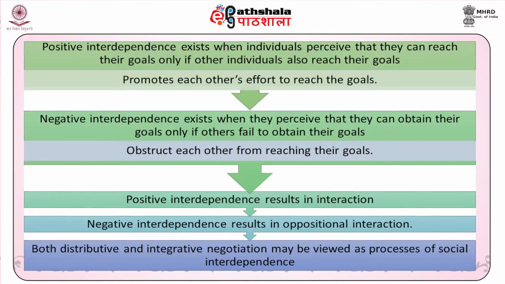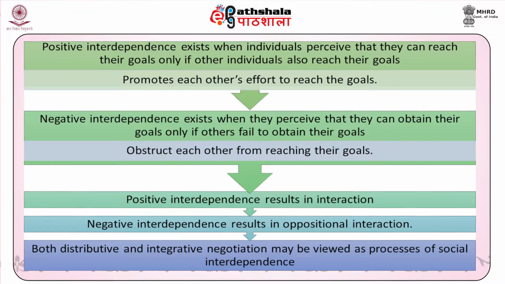Negative interdependence exists when they perceive that they can obtain their goals only if others fail to obtain their goals, and therefore obstruct each other from reaching their goals.